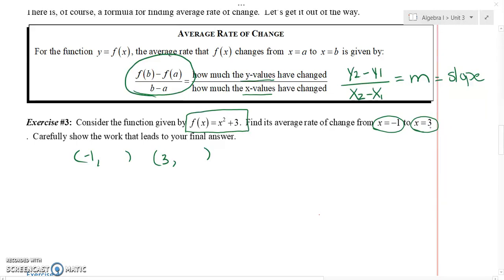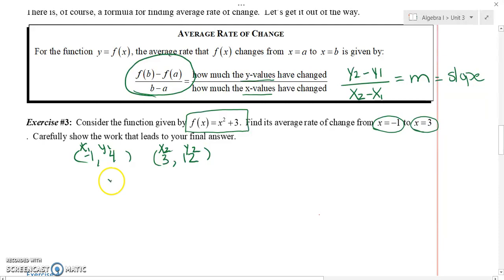Okay, either method, when you find the y's, you should have got answers of 4 and 12. Now, where do we go from here? This is where we start labeling. This is x1, y1, x2, y2.